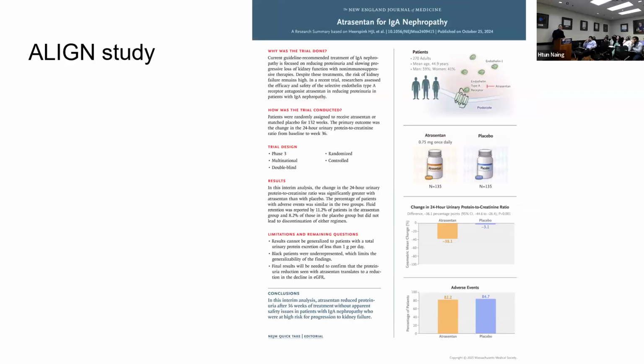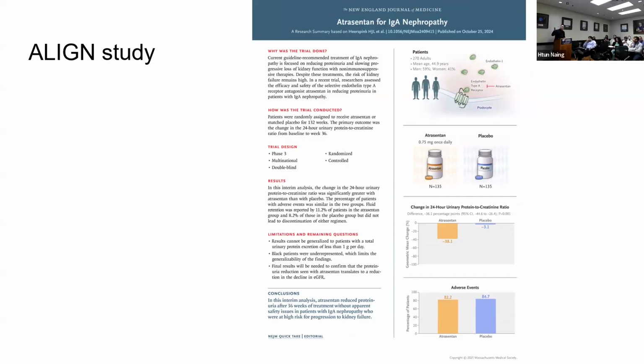Next one is atrasentan in IgA nephropathy. Atrasentan is also an endothelin receptor inhibitor. In this trial, I looked at all the GFR criteria; everybody tested all the patients with eGFR more than 30.